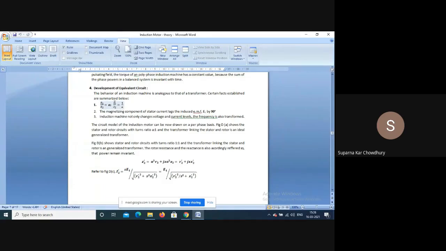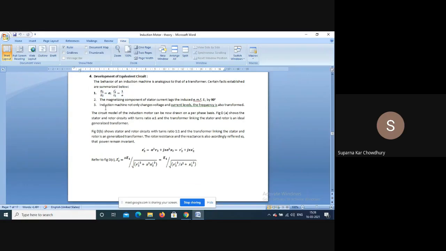Similarly, we have seen that the ratio of the currents is 1 by A. The magnetizing component of the rotor current, IM, lags the induced EMF by 90 degrees. The induction machine not only changes voltage and current level, the frequency is also transformed, because in the actual circuit, the rotor frequency is not the stator frequency, but it is the slip frequency.